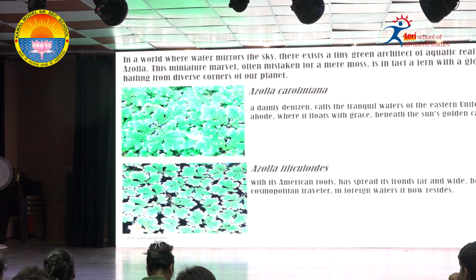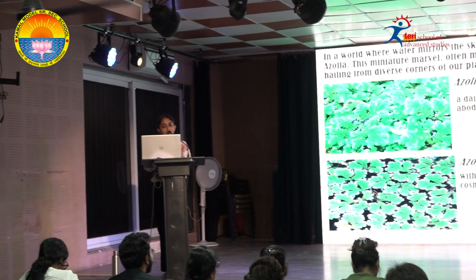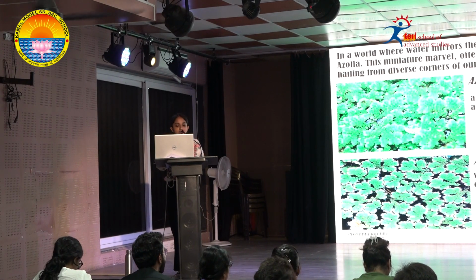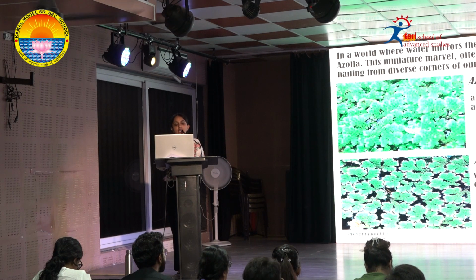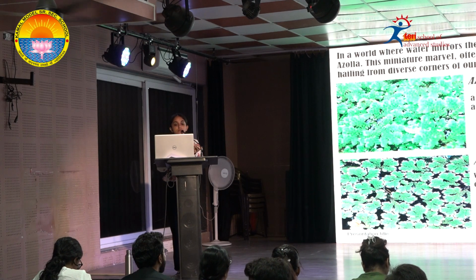It is a native of the eastern United States and it floats with grace there beneath the sun's golden cascade. Next up, we have Azolla filiculoides. It has its roots in the Americas and has spread its fronds far and wide, becoming a cosmopolitan traveler. In foreign waters, it now resides.